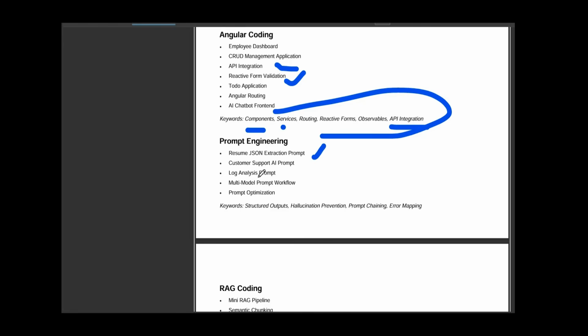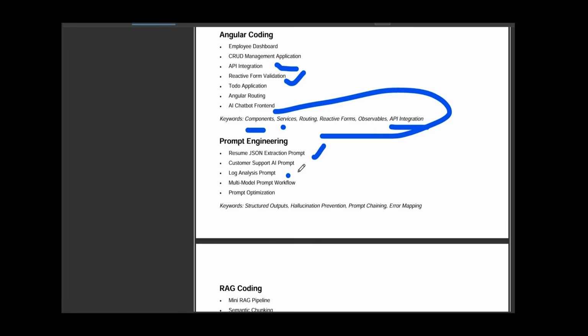Then coming to the next question, they may ask you to create a customer support AI prompt with hallucination prevention. And they also ask you to write a prompt for log analysis and error detection.